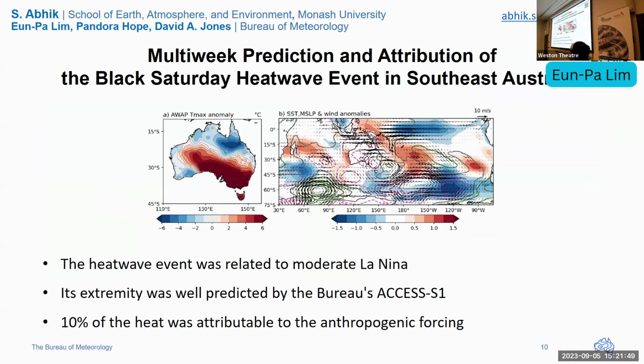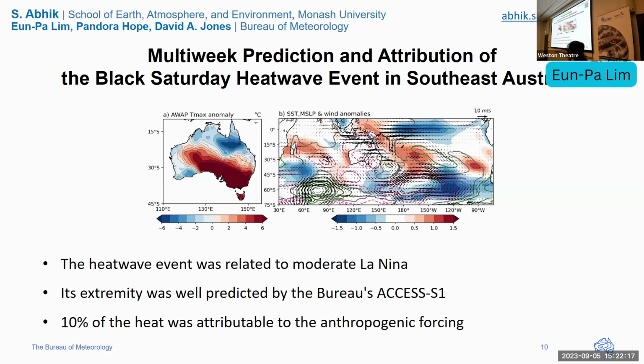Hi, I'm Unpa from the Bureau of Meteorology, and here I'd like to draw your attention to our study led by ACCESS-NRI at Monash University on the multi-week prediction and attribution of the Black Saturday heatwave event in southeastern Australia. As you may remember, this heat extreme event that occurred in late January to early February of 2009 resulted in hundreds of human casualties and great economic losses in Victoria.